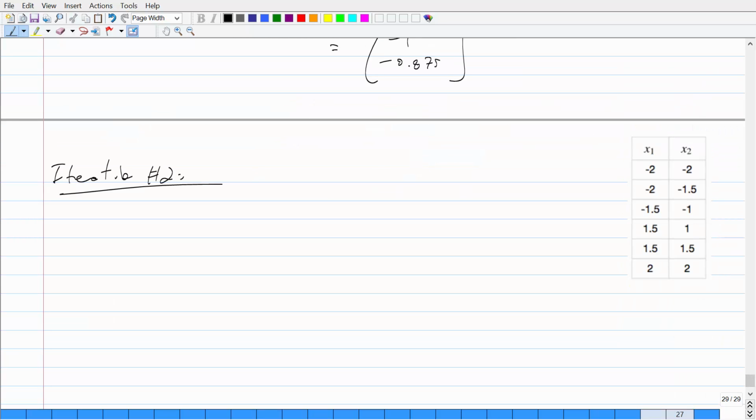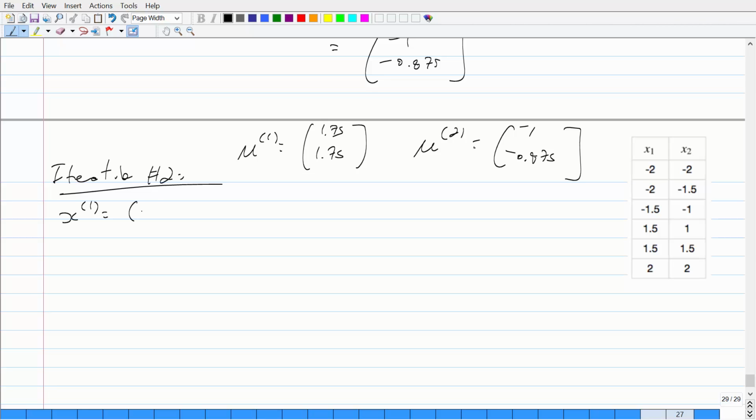My centroids, the updated ones, were 1.75, 1.75, and this one was equal to -1, -0.875. So what I need to do now is figure out what the centroid memberships would be for each of the examples one more time. I need to find the distance. So this is the first training example with the new updated centroid.